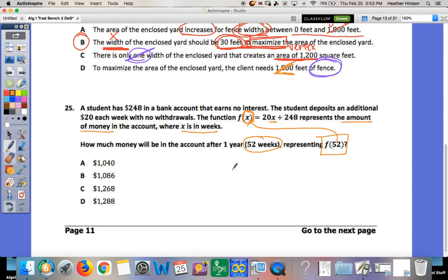So we're going to change that x to 52. And then we plug it in our calculator, and we're going to get 1,288, which is D.